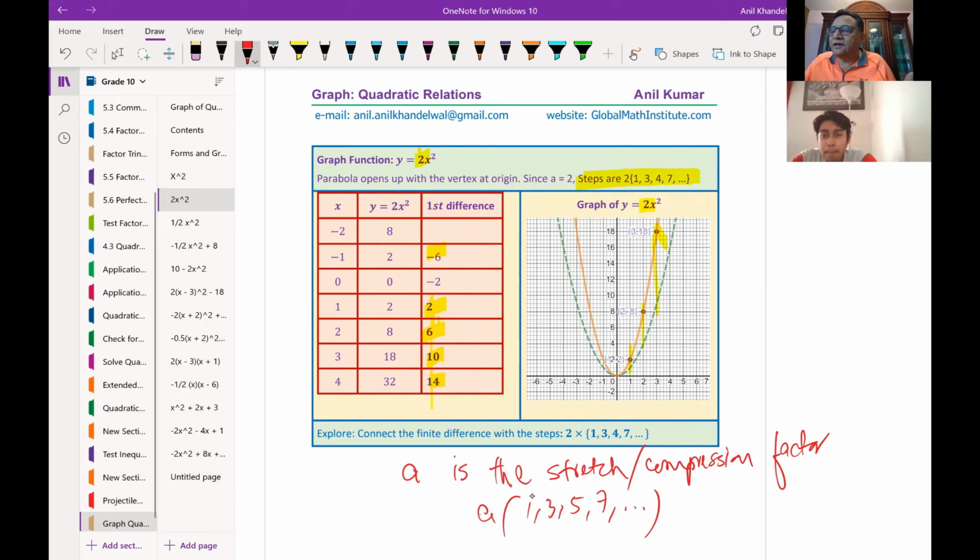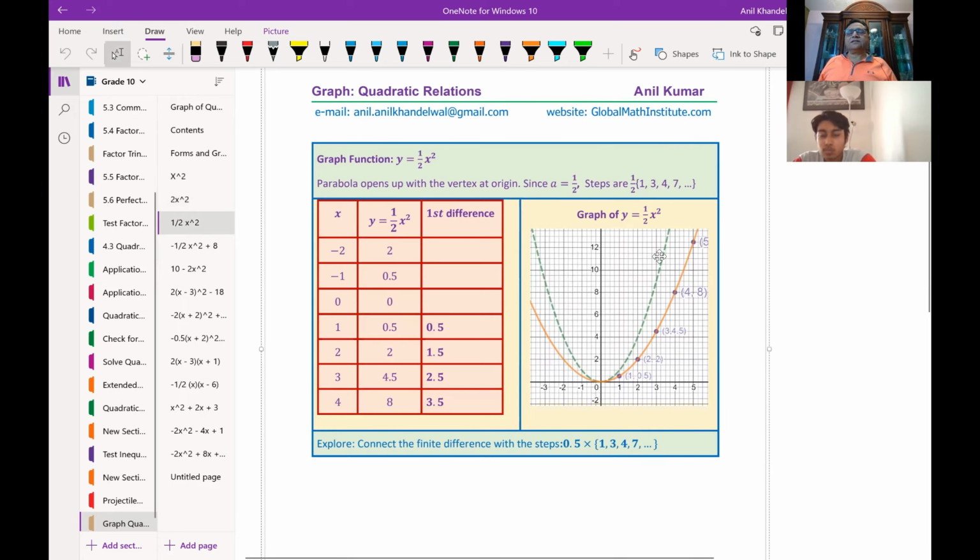If a is negative, then it is going to open downwards, right? Because you multiply by -2, it goes down. The value, which was earlier 4, will now become, let us say, -8, correct? So if a is less than 1, it is vertically compressed, as you can see in the graph.